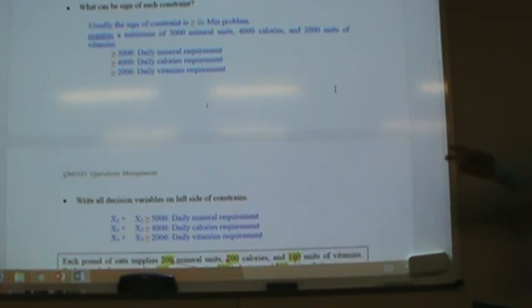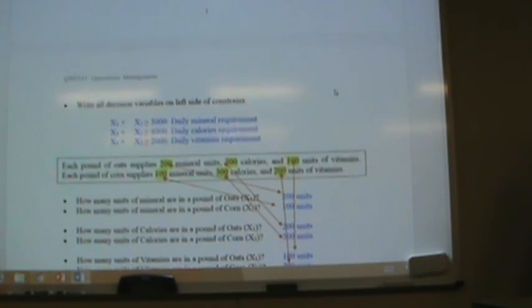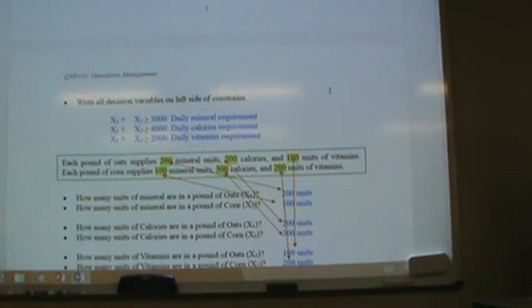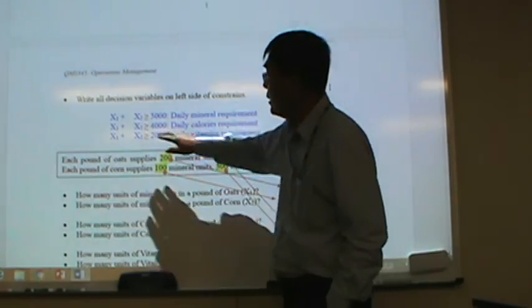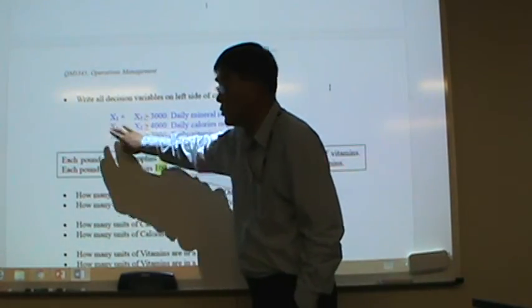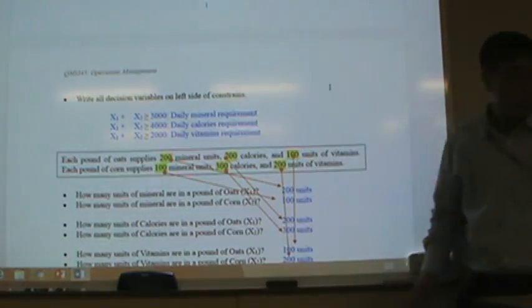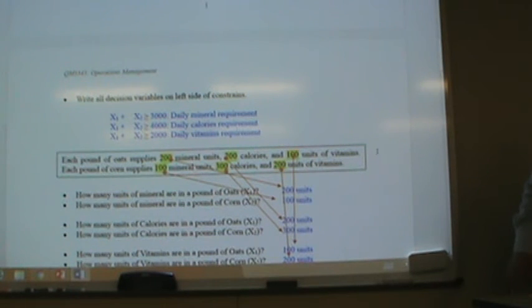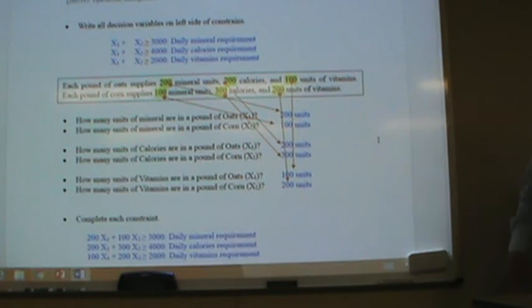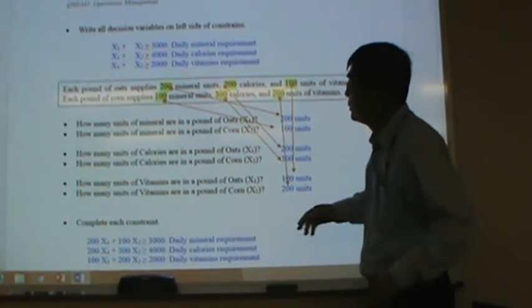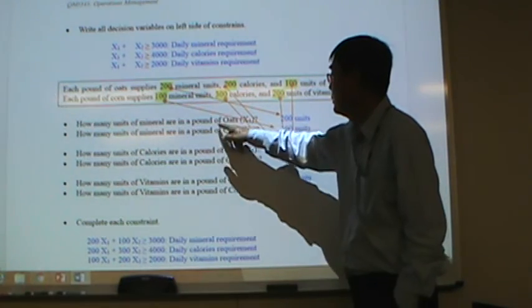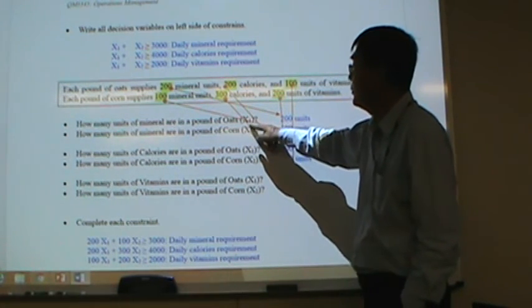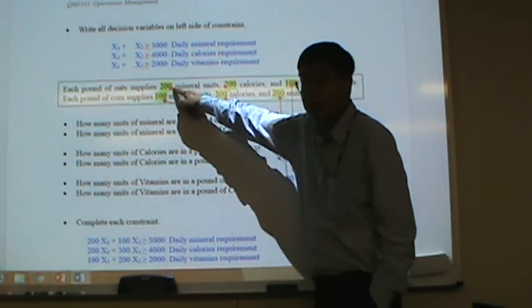This file is on Blackboard. Then write all decision variables on the left-hand side: x1, x2, x1, x2, x1, x2. Then the coefficient of each decision variable. How many units of mineral are in a pound of oats?